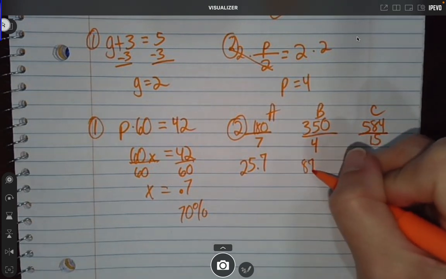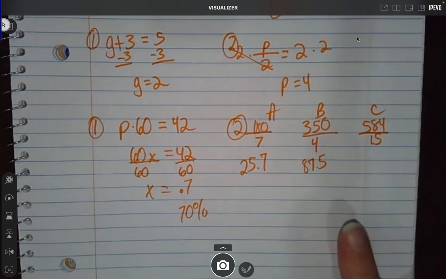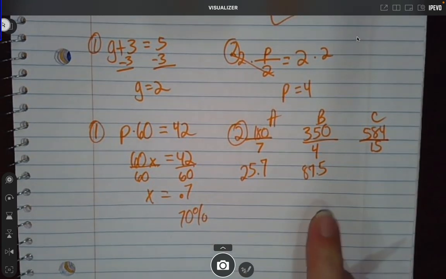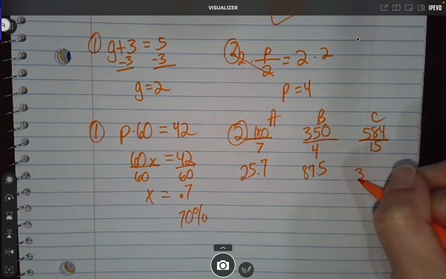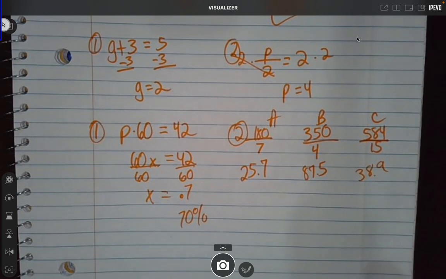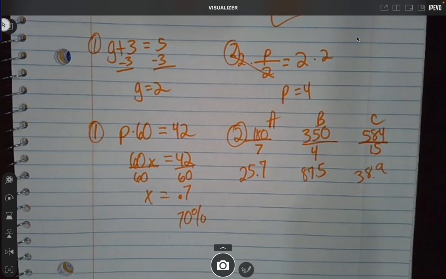Yeah, they must be on the interstate. So they're going 87.5 miles an hour. And then the last one, 38.9 or 39 or whatever. So which one's the fastest? Car B. That's all it's asking. You just divide and compare them.